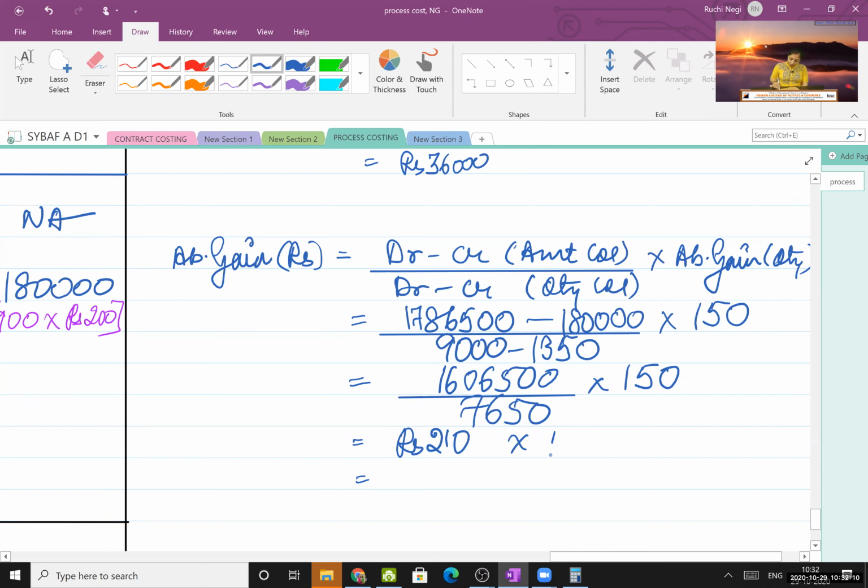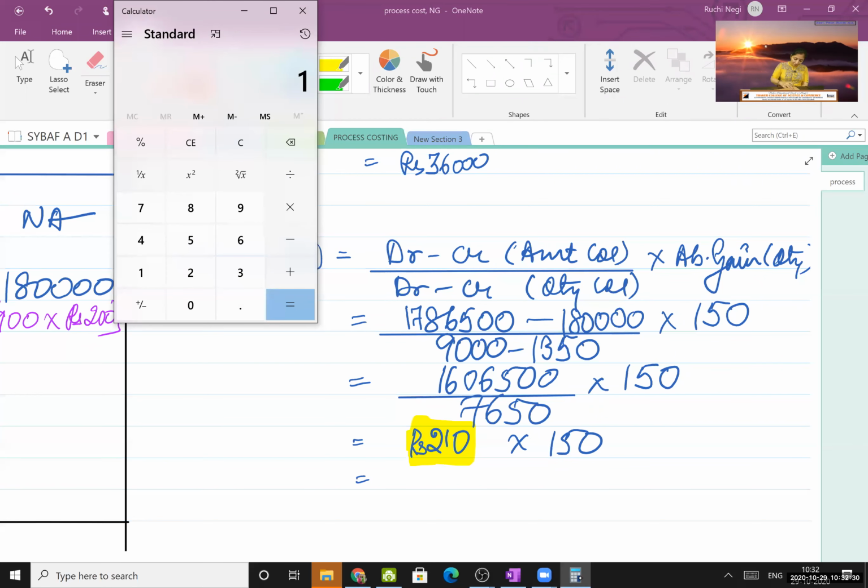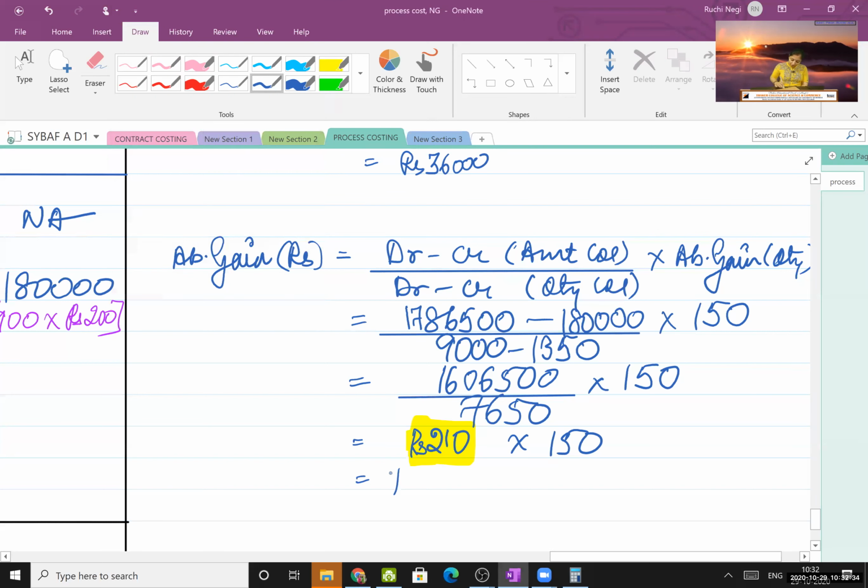210 multiplied with 150. So quantity तो मिल गया 210. सॉरी ये तो रेट है. This is the rate I got. Rupees 210 multiplied with 150 quantity. 31,500.